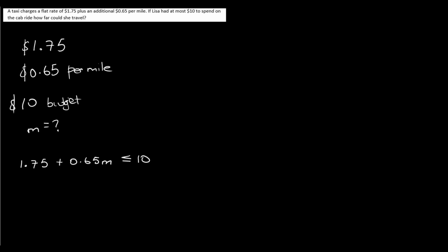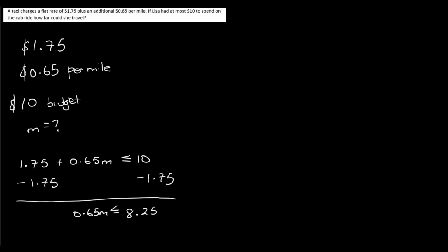So we can subtract 1.75 from each side. And so this becomes 0.65M is less than or equal to 8.25.